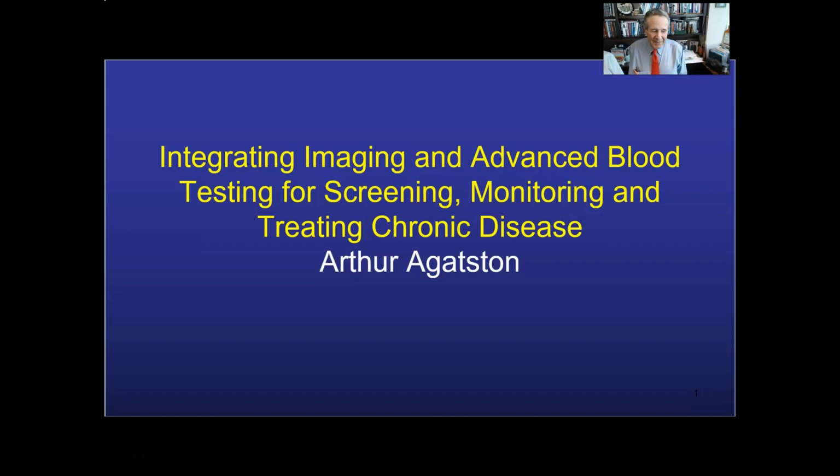I've been doing low-carb since the 90s, but my orientation has been a little more towards coronary calcium and advanced lipid testing as far as research, particularly since Khurram Nasser joined me about 10, 15 years ago. I think it's so important that we integrate imaging and advanced blood testing with low carb.